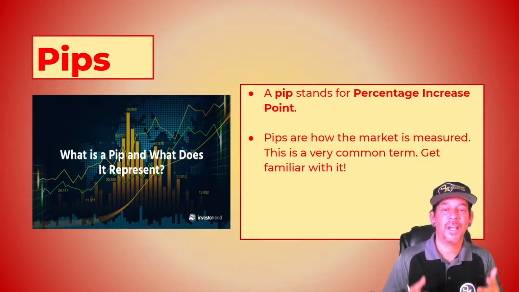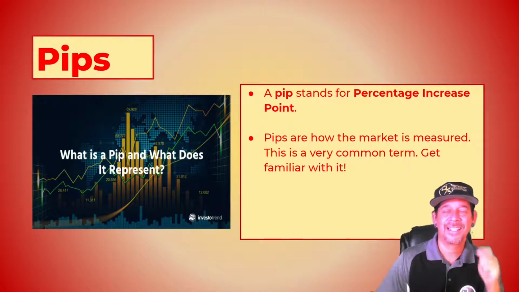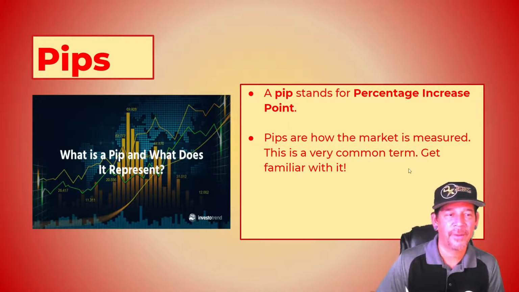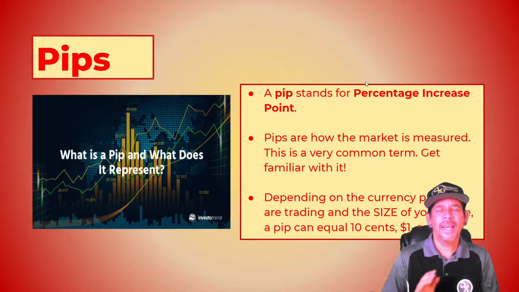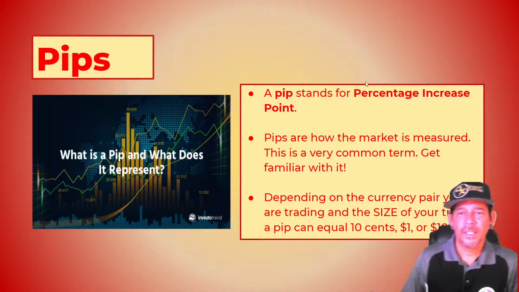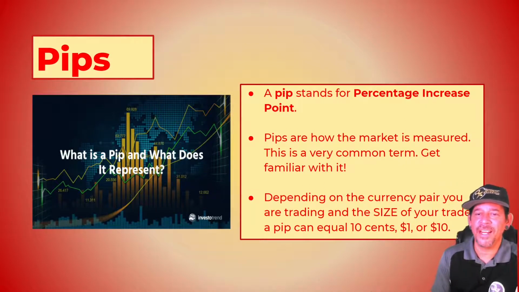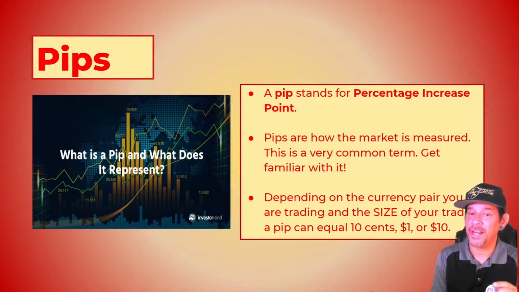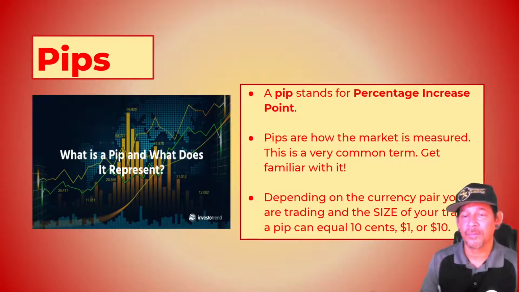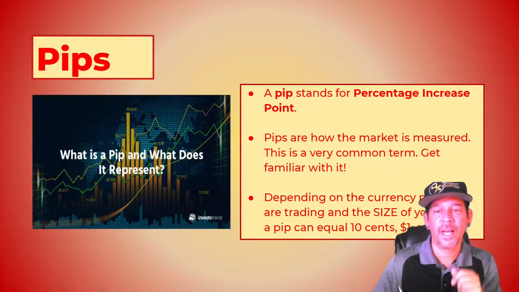That's the main thing that it is tracked by. Now, depending on the currency pair that you are trading and the size of your trade, one pip of movement can equal 10 cents, $1, or $10.